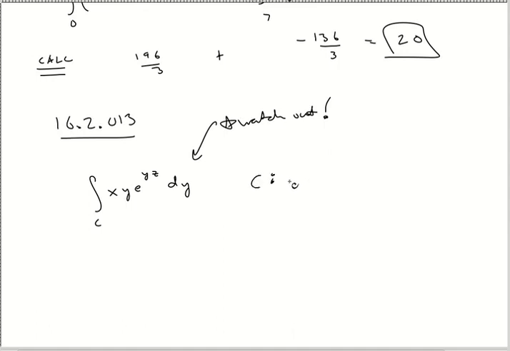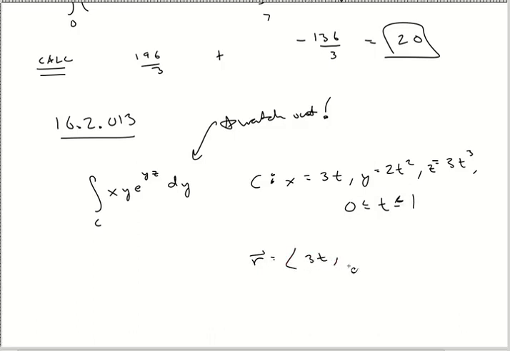I have my curve: x equals 3t, y equals 2t squared, z is equal to 3t cubed, and they're saying we're going to go from 0 to 1. Earlier, I was using r, so in this particular case, you would have 3t, 2t squared, 3t cubed.